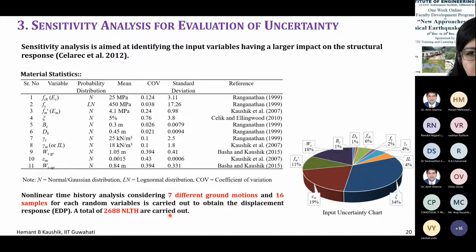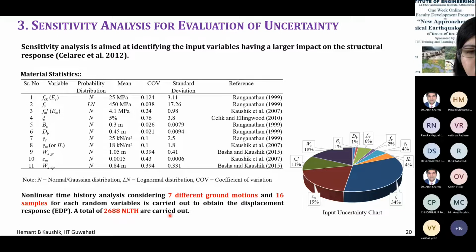We have found out what is the engineering demand parameter, the best engineering demand parameter or better engineering demand parameter. And you found how many analyses were required, what kind of ground motions, how many ground motions, right?